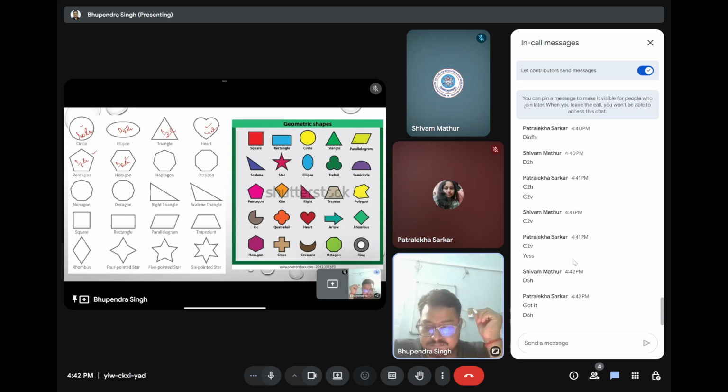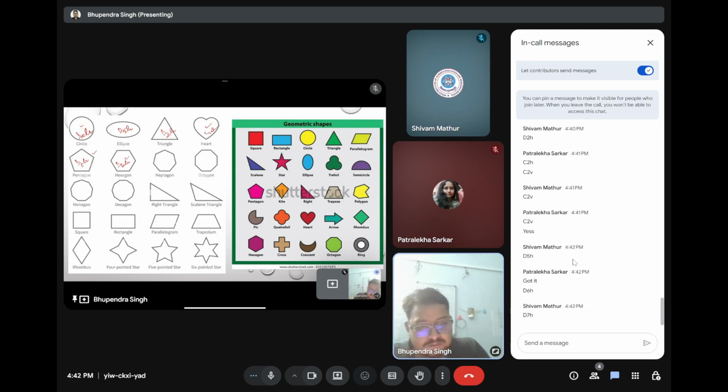Heptagon. How many sides are there? Seven. One, two, three, four, five, six, seven. So D7H. Octagon. So D8H. So on and so forth. Okay. Right angle triangle.